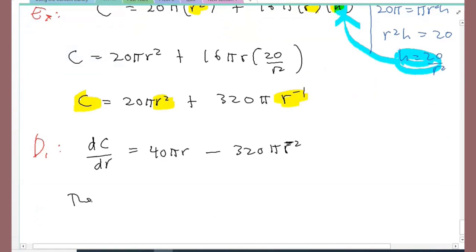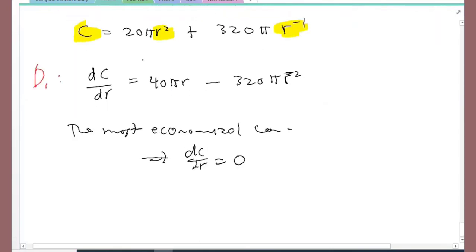So the most economical, okay, implies that this one is equal to 0. So ini is equal to 0. Okay, to be continue ni.